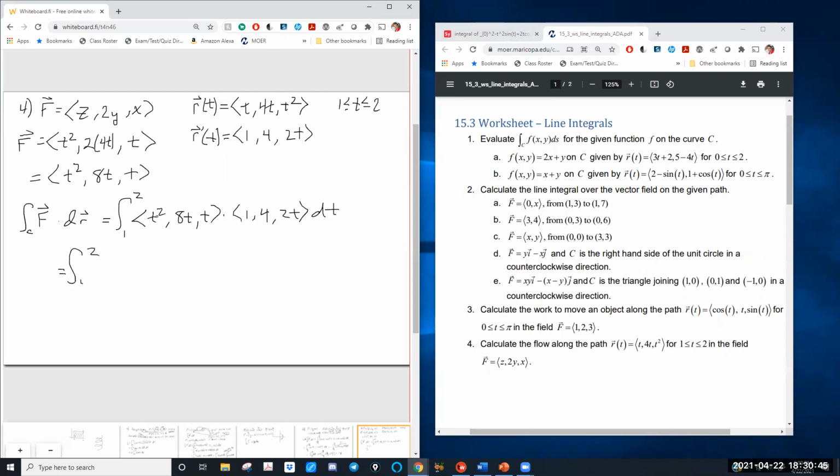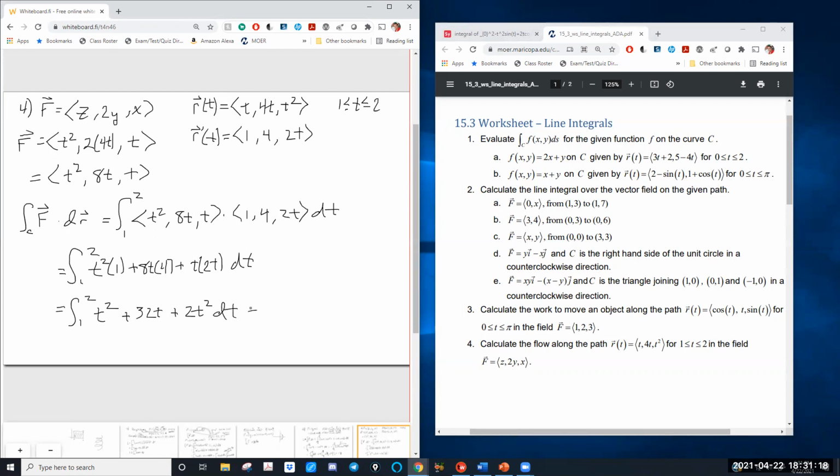So we've got the integral from 1 to 2 of t squared times 1, plus 8t times 4, plus t times 2t, dt. Probably a couple steps of simplifying we want to do before we do the antiderivative. So t squared plus 32t plus 2t squared, dt.